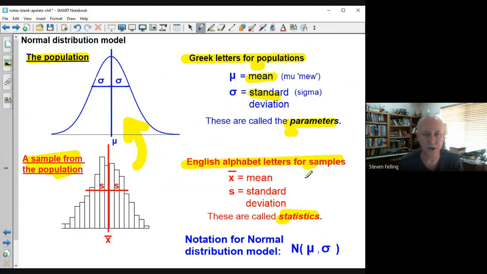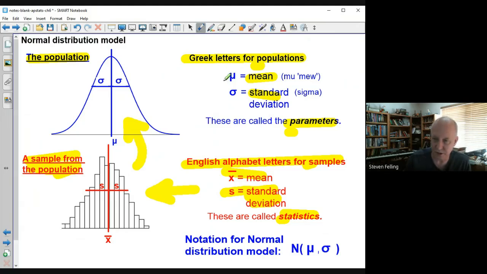And to keep them straight, we have different letters or symbols that we use, right? So we've been using x-bar for the mean, and we've been using s for the standard deviation because we're talking about samples, right? If we're talking about a population or a perfect model that's supposed to model a population that a sample came from, then we switch to Greek letters for the population.